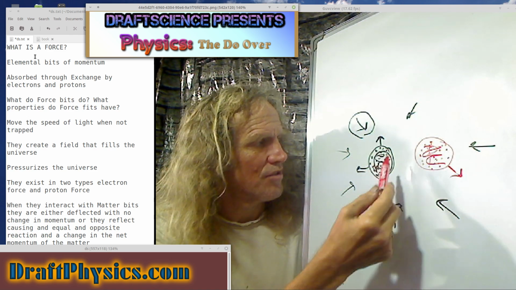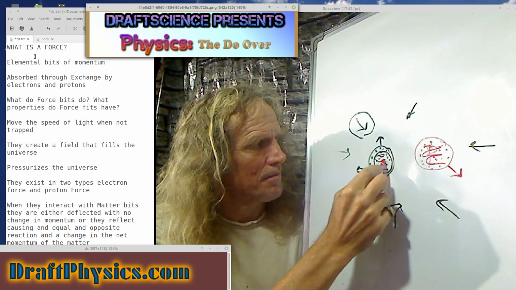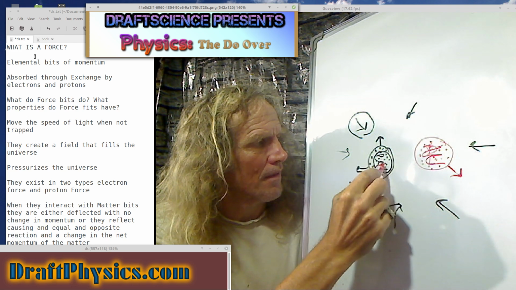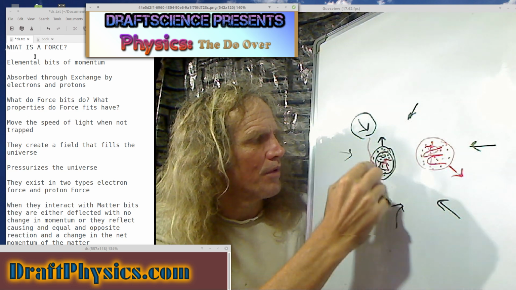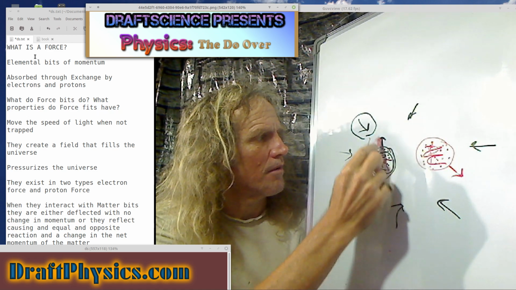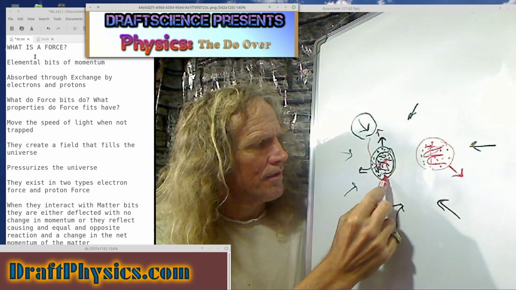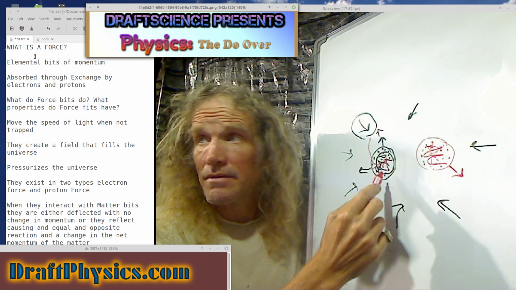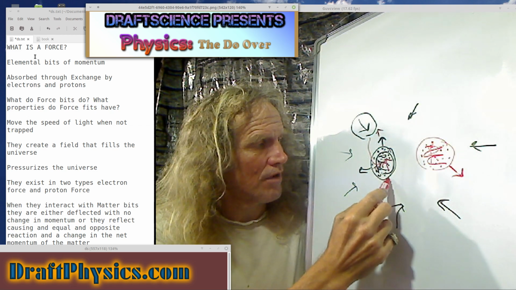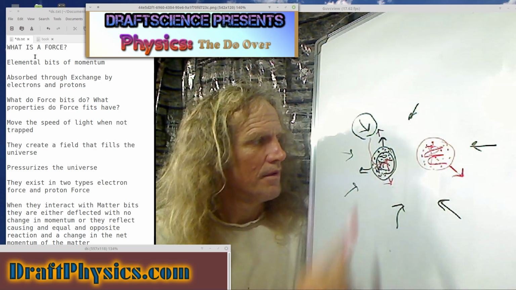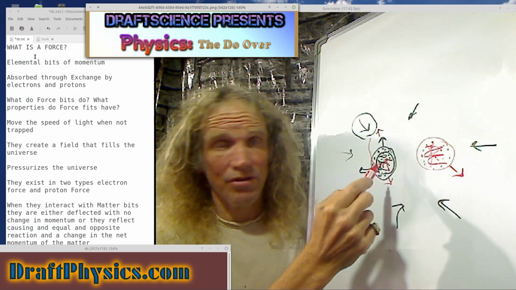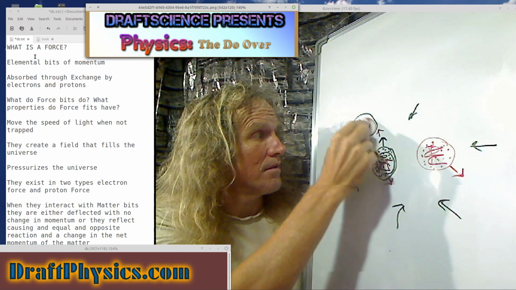The exchange will basically be as a piece of momentum going, say, this way, will be exchanged. So this one will go in, this one will come out, and then the overall net condition of this electron will end up having a little bit of movement in the direction of the force it exchanged.